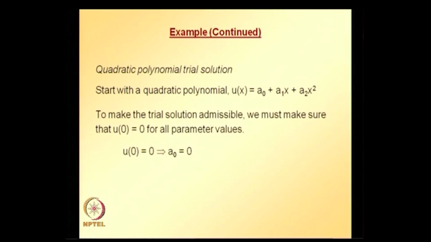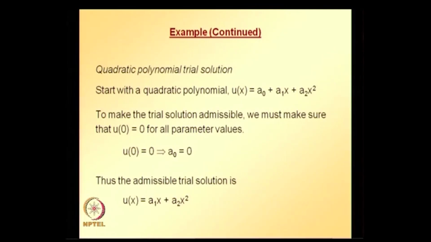To make it admissible, we have to make sure that it satisfies the essential boundary condition given for this problem, that is u evaluated at x is equal to 0 is 0. Substituting this leads to a naught is equal to 0. So the admissible trial solution becomes a1x plus a2x squared.